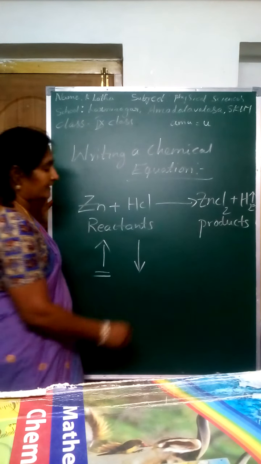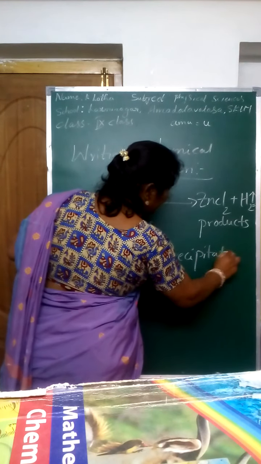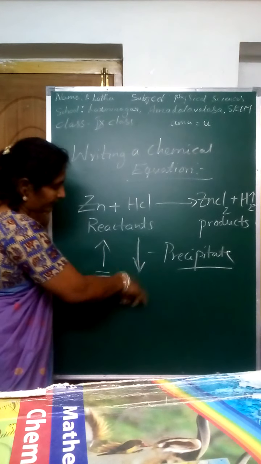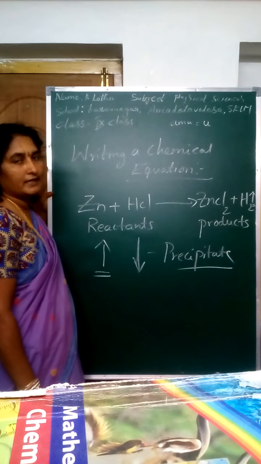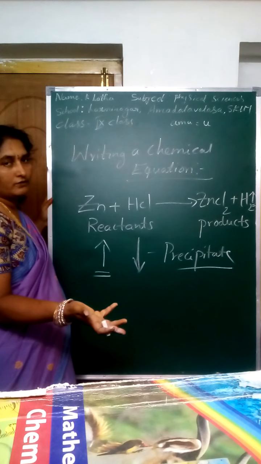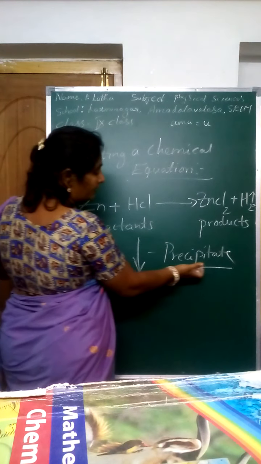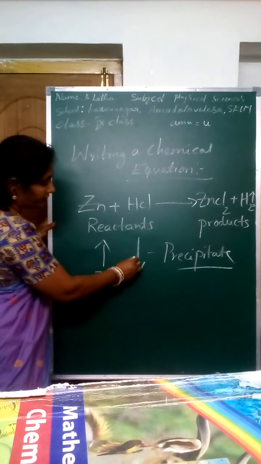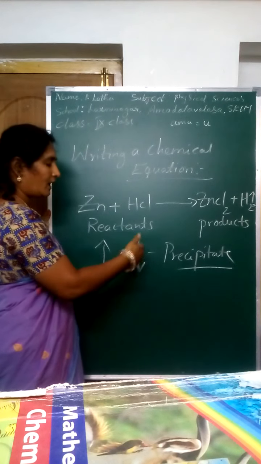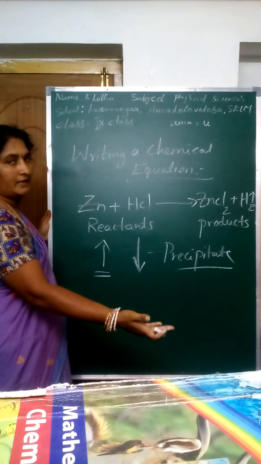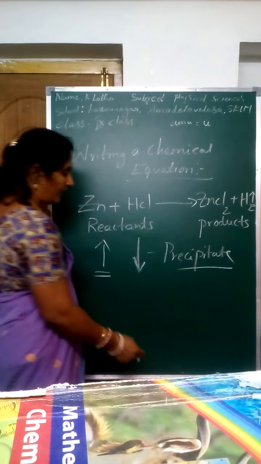If any precipitate is formed in the reaction, then you write this. What is a precipitate? It is the undissolved substance formed in a reaction. If there is any undissolved substance in the reaction, that is called the precipitate, and we use this symbol to show it. It is a shorter way to understand.